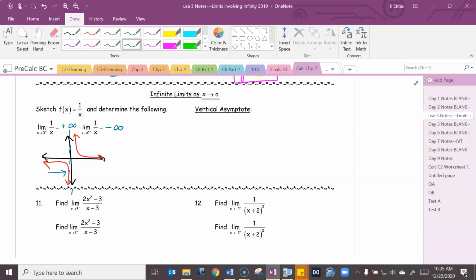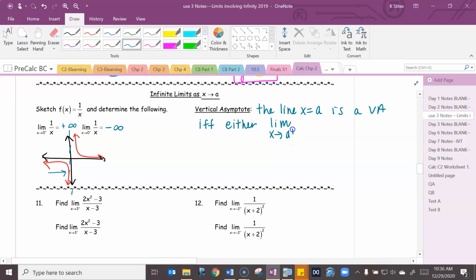Let's talk about vertical asymptote as a definition of limits. We say that the line x equals a is a vertical asymptote if and only if either the limit as x approaches a from the right of f of x is equal to positive or negative infinity, or the limit as x approaches a from the left of f of x is equal to positive or negative infinity.